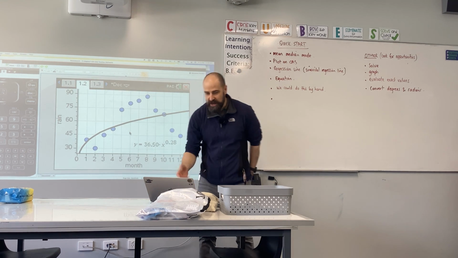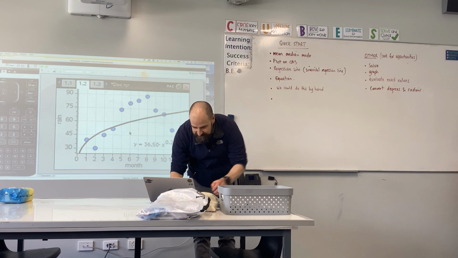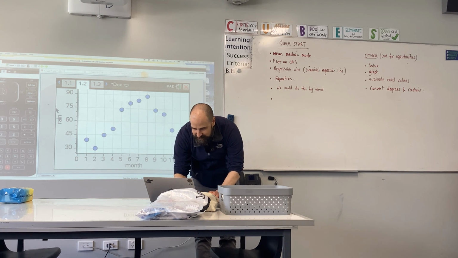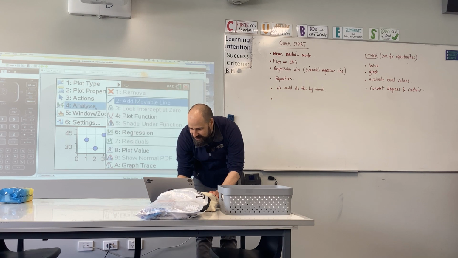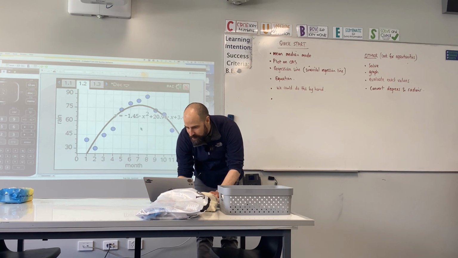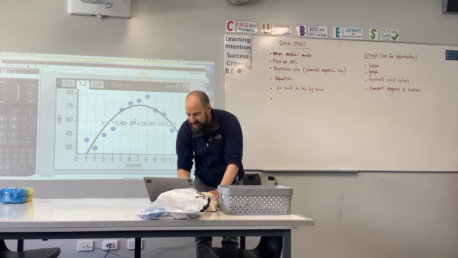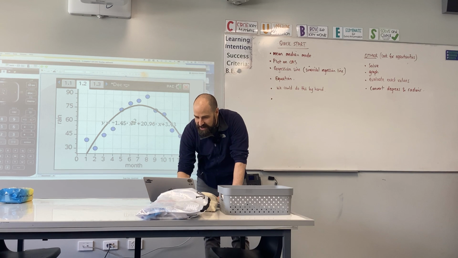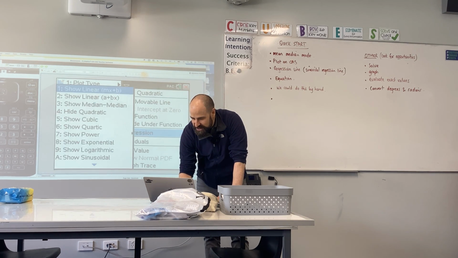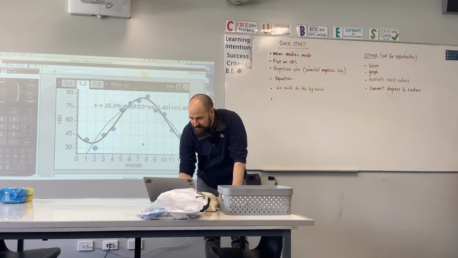Oh, I don't know what I clicked on there. Command Z, don't want to do that. So we could go quadratic. Menu, analyze, regression, sinusoidal.